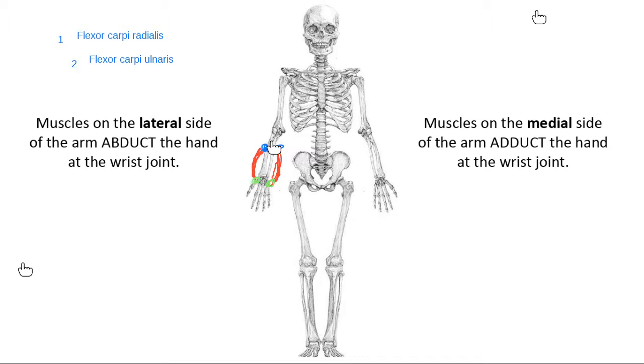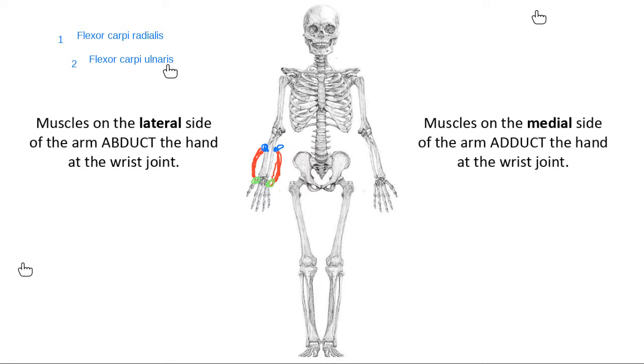The lateral side is the thumb side. This bone that I have out here is the radius. Flexor carpi radialis, the one that's more on the radius side, is the one that's lateral. So that one's going to do abduction, where it pulls the whole hand up and toward the outside.